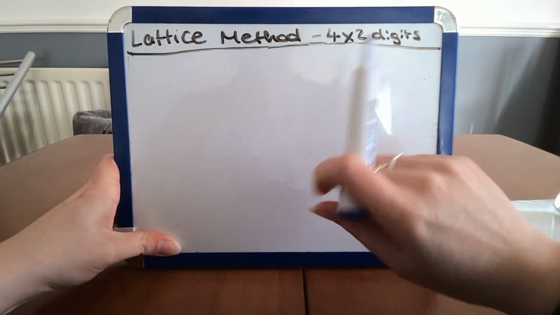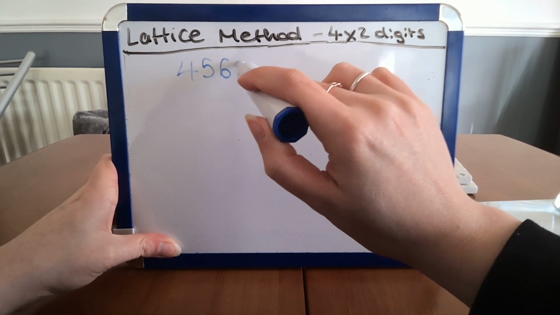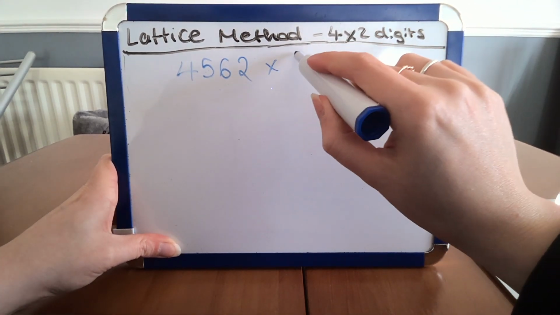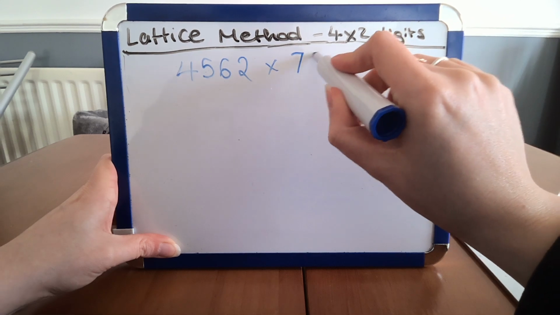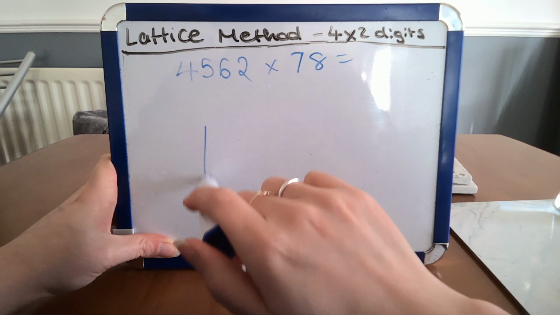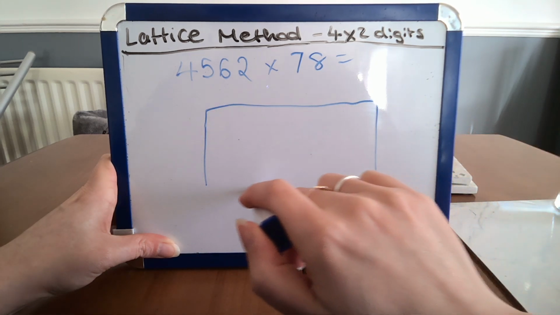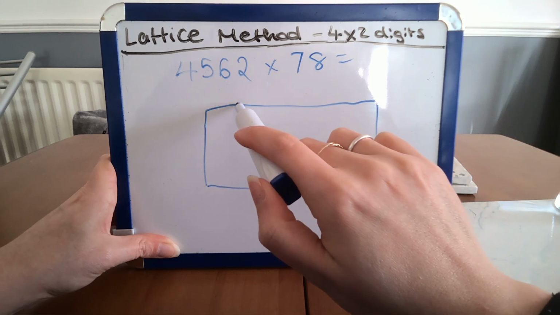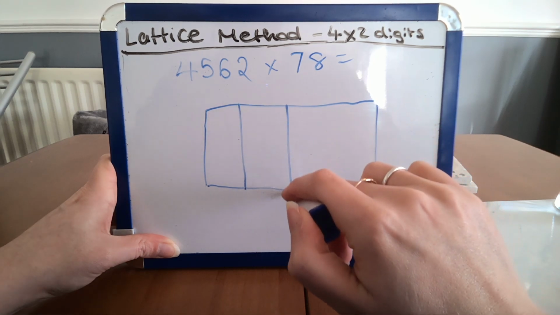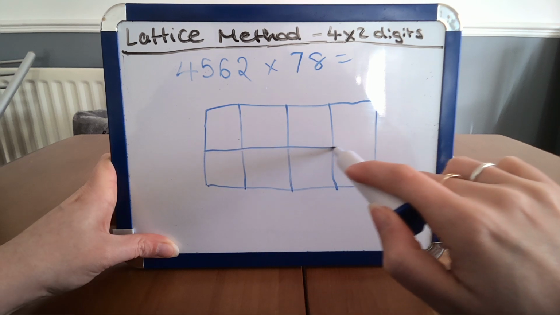Okay, so we're going to do 4 digits by 2 digits now. So we're going to do 4,562 times 78. I'm going to start with my rectangle again. Because this is a 4-digit number, I'm going to split it into quarters. And this is a 2-digit number, so I'm going to split that in half.